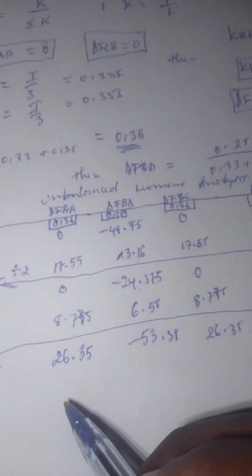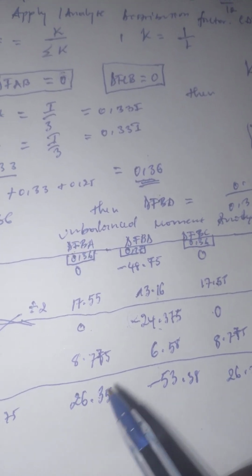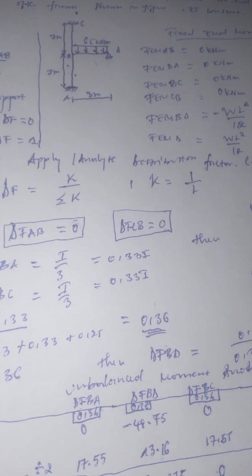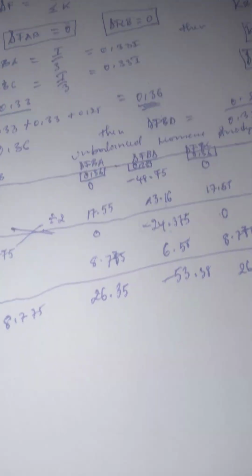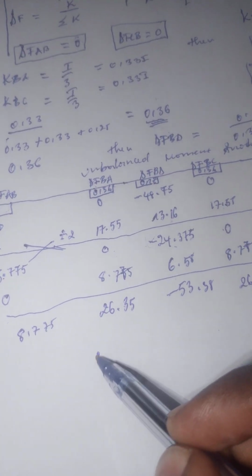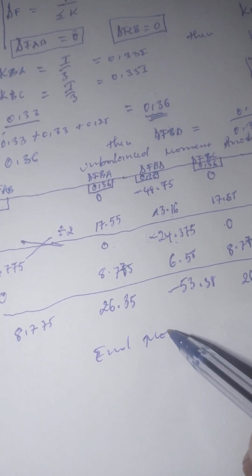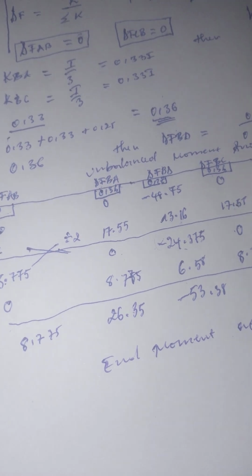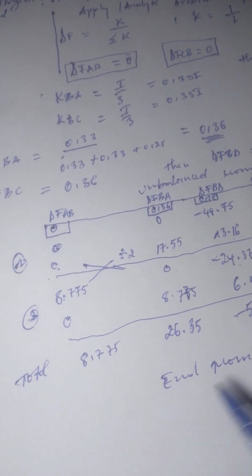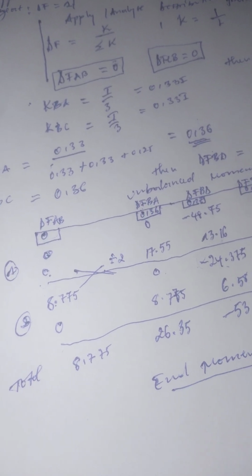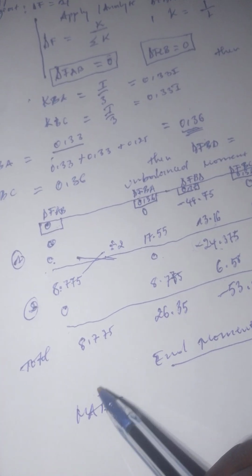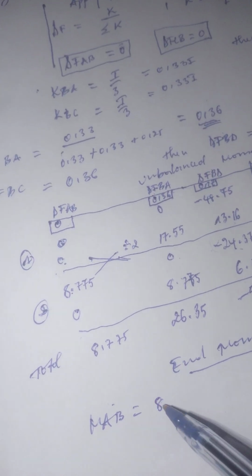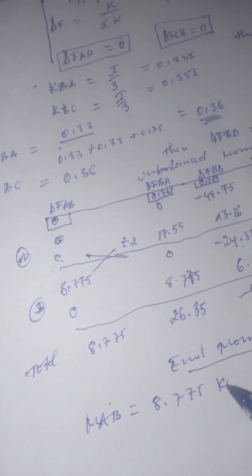But now we remember that the question is to determine the end moment at the support. But now end moment at support, moment AB is equal to this one, 8.775 kilonewton meter.